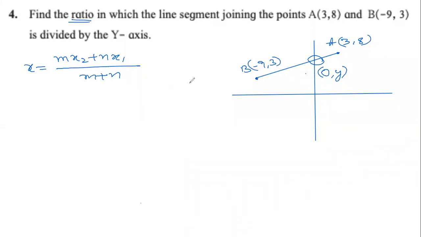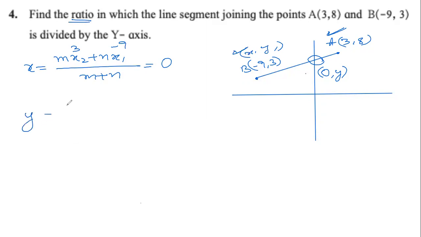But we do know that this x is 0. We know x1 and x2 also. Suppose this is (x1, y1) and this is (x2, y2), or let's take this one as (x1, y1). It is on the left hand side, so we are taking that, right? So we can say x2 is 3 and x1 is -9. We will get an equation from here.